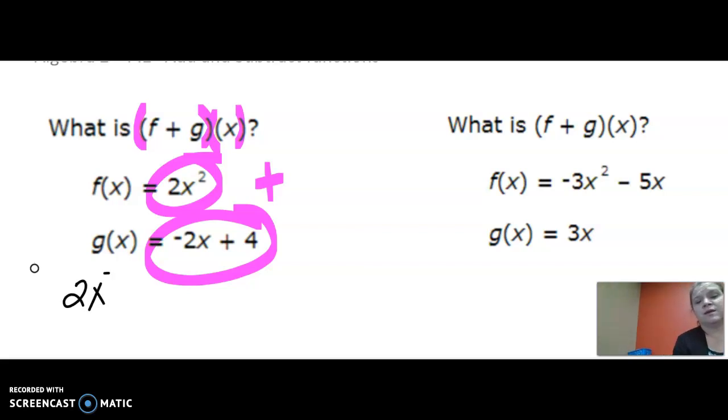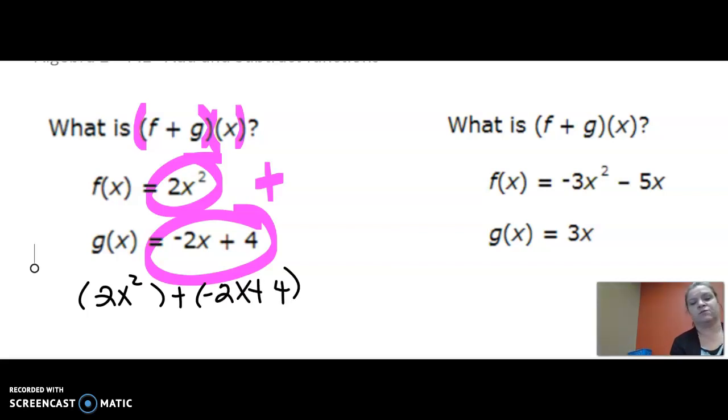So f plus g, so we have 2x squared, then we have negative 2x plus 4. Because it's a plus sign, the parentheses really aren't necessary, but whenever it's not a plus sign, the parentheses are necessary, so I went ahead and put them on this problem.